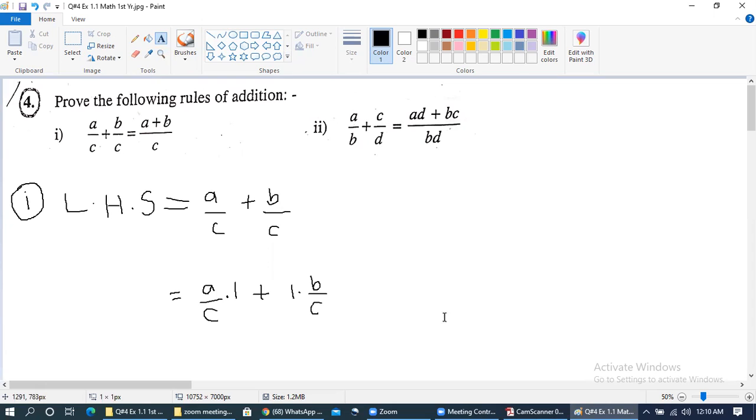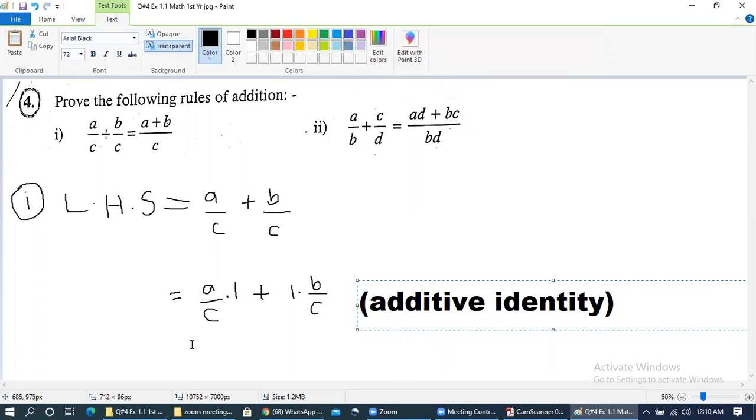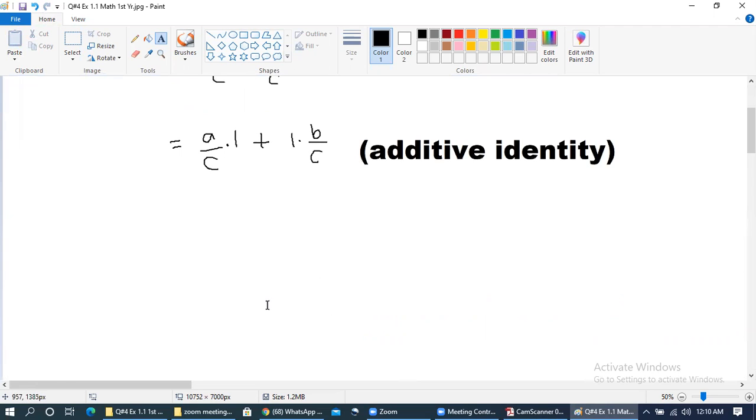You have to write in the brackets: this is the existence of the identity. You must write it inside the brackets so that there is no confusion and everything is clear. So here we have used the property of identity.